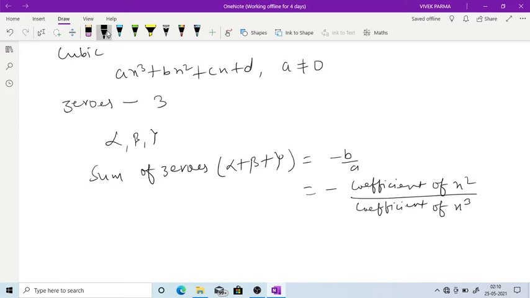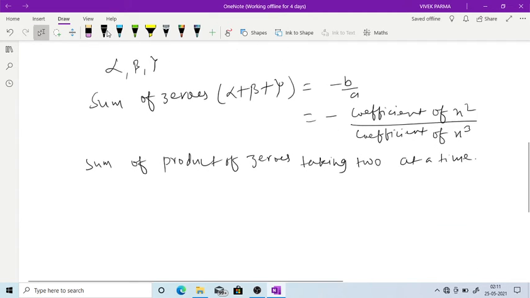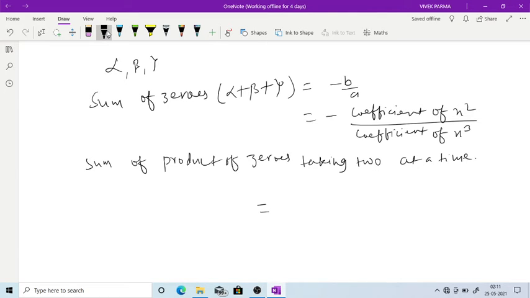Now for the sum of products of zeros, taking two at a time, this will be equal to c upon a.